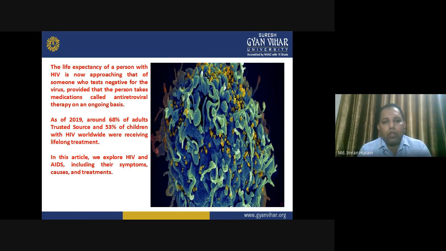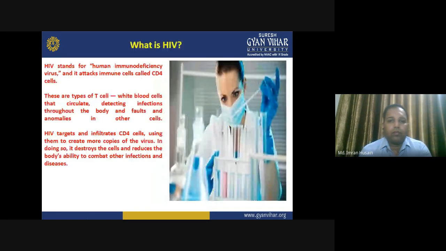Okay, as of 2019, around 68% of adults and 53% of children with HIV worldwide were receiving lifelong treatment. So here we are exploring HIV/AIDS, including their symptoms, causes, and treatment. So what is HIV?